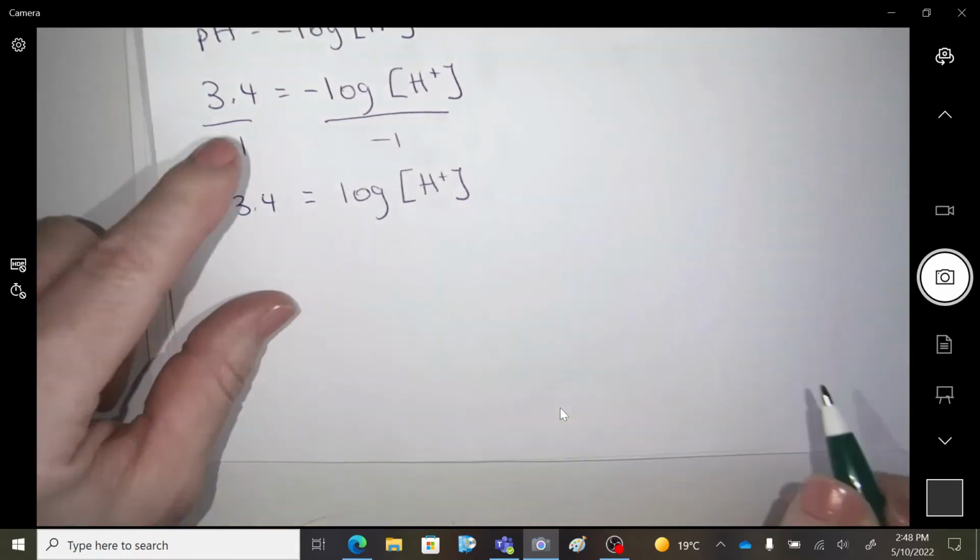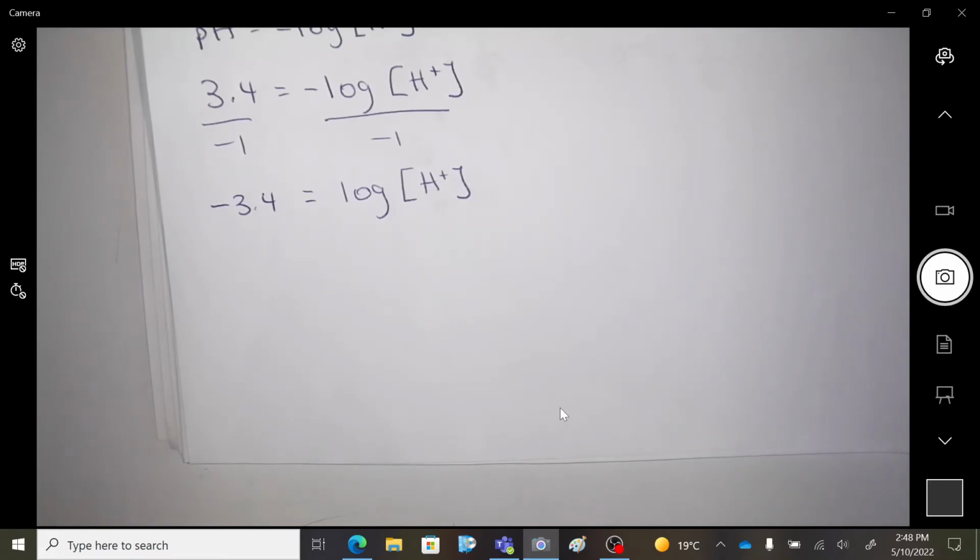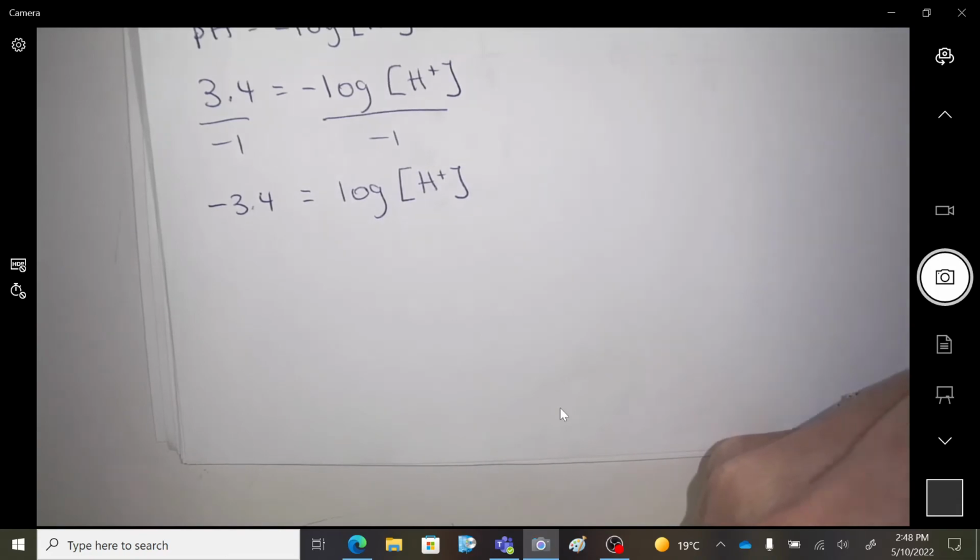Why the negative 1? Because to get rid of that. Okay, this is in log form. So do you see your base? Do you see your exponent? And do you see your result? Can you rewrite it into exponential form for me?